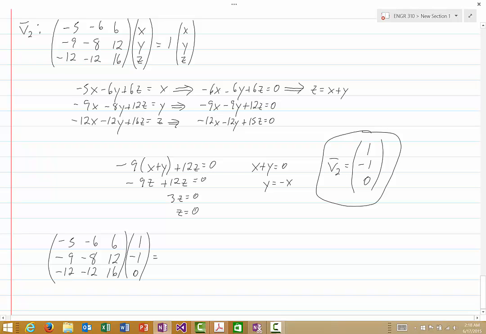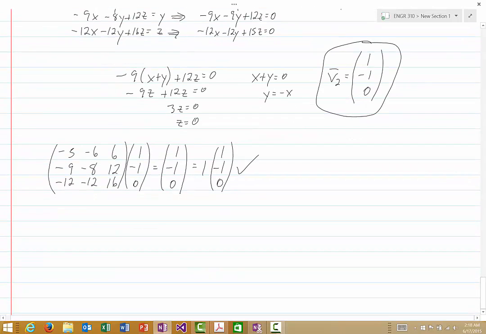And let's see what that gives us. We get negative 5 and positive 6 is 1. Negative 9 and positive 8 is negative 1. And negative 12 and 12 is 0, which sure enough is 1 times 1, negative 1, 0. So this verifies that this vector, v2, is indeed an eigenvector of this matrix with associated eigenvalue of 1.